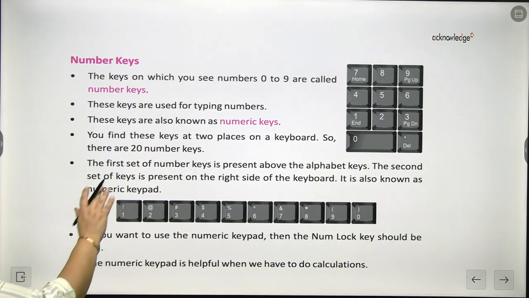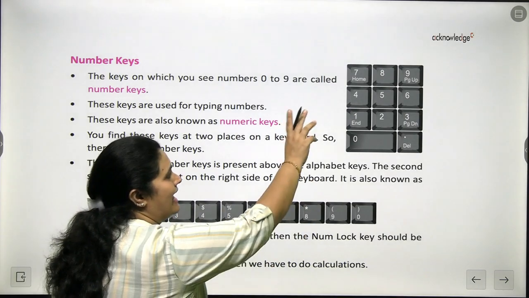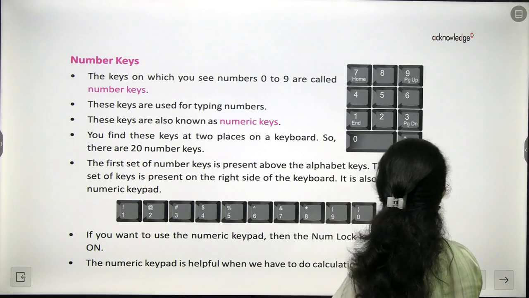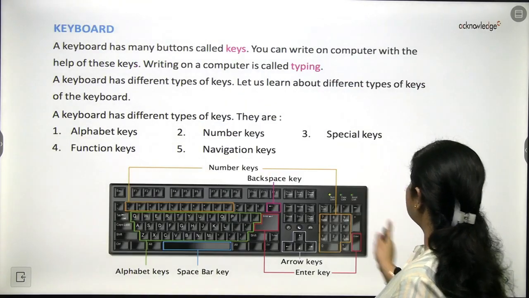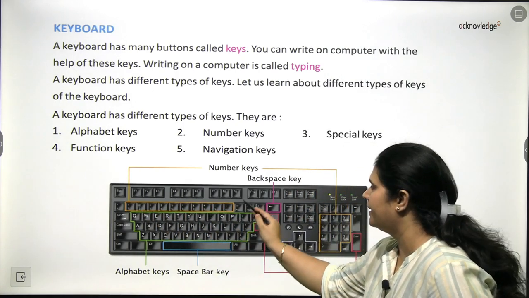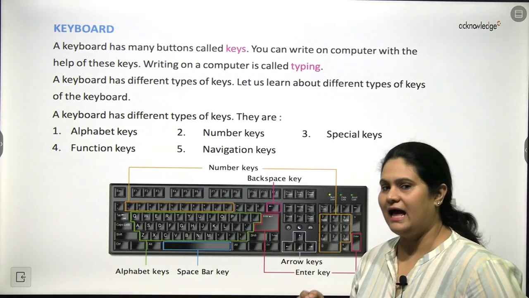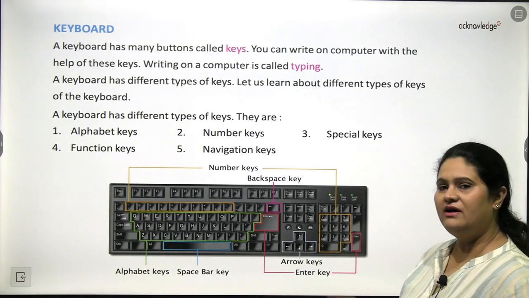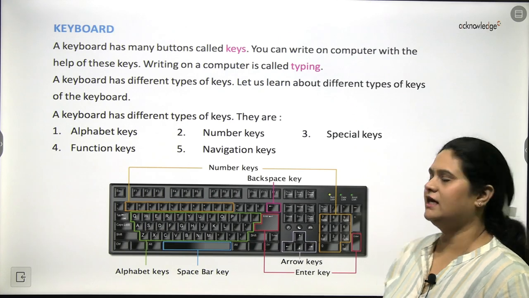Now, you find these keys at two places in your keyboard. Come, I'll show you. This is your keyboard. One set of number keys is placed over here, right above the alphabet keys, and the other set is at the right hand corner of your keyboard.